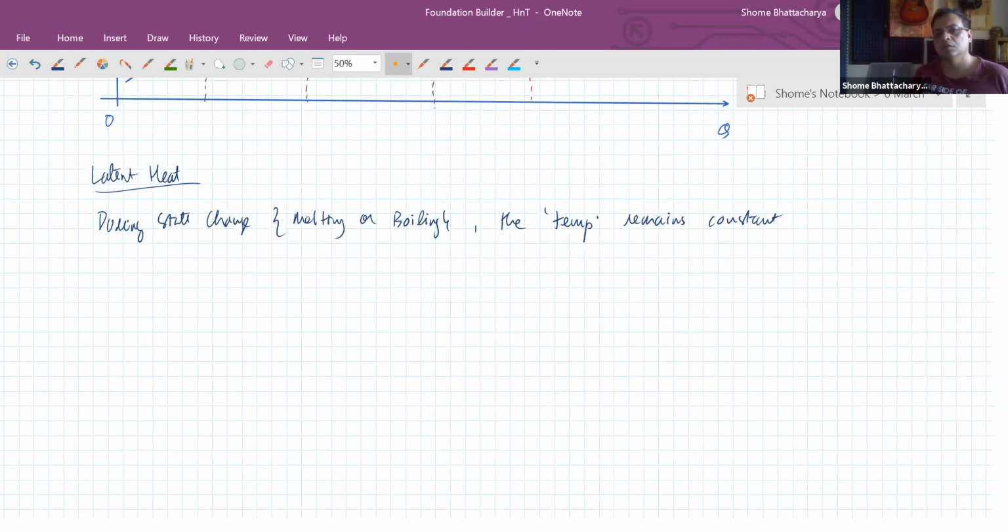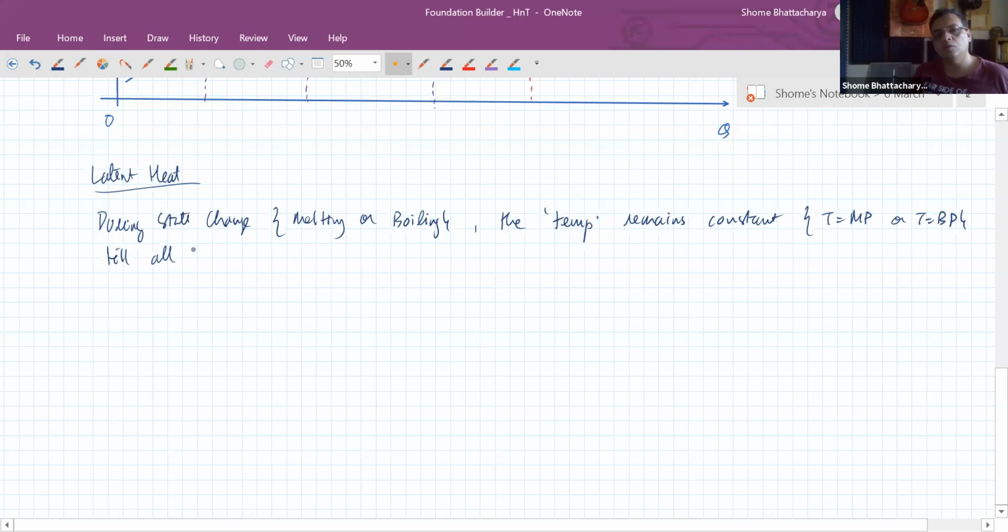That is temperature equal to melting point or temperature equal to boiling point till all the material has undergone the state change.